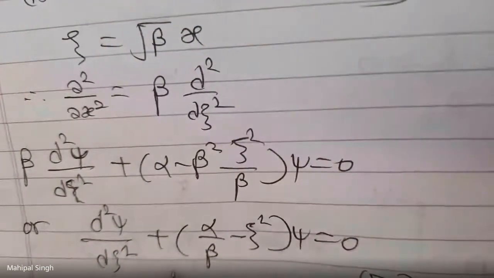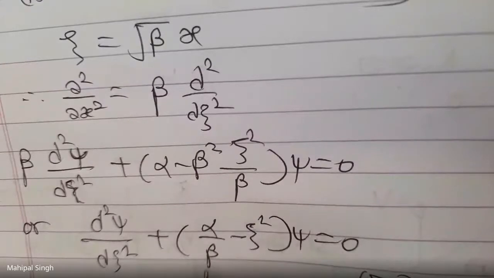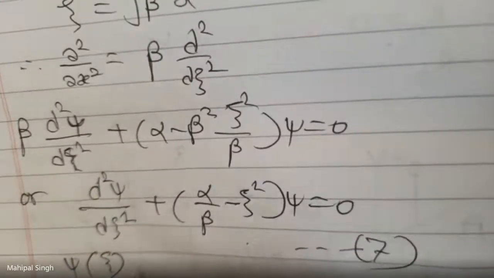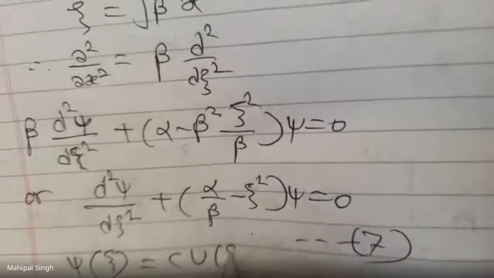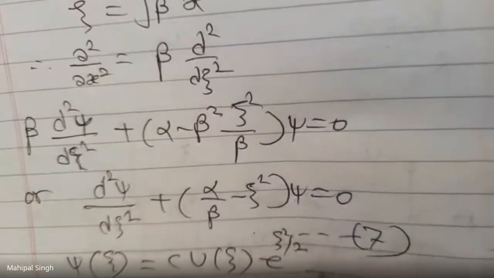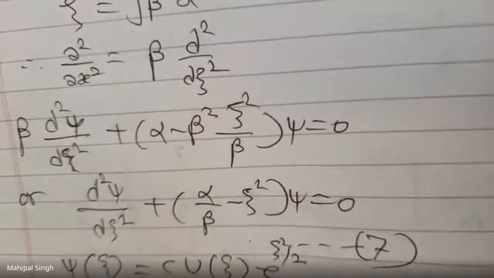Now let us try a solution of the following form to this equation 7. This is the solution psi equal to u(xi) e power minus xi square upon 2. Suppose this is equation number 8.